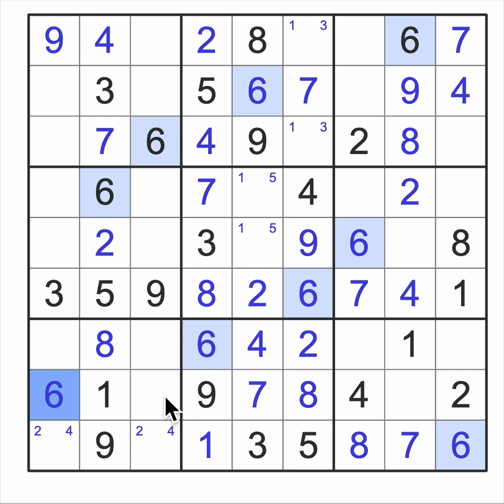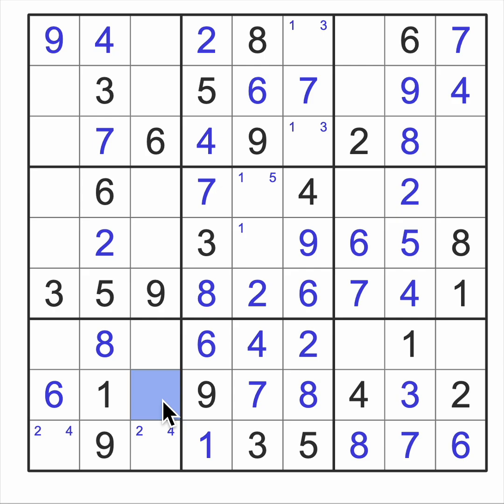Gives me 6 here. Okay, these two would be 3 and 5. 3 here makes this cell 5, and this is 3.